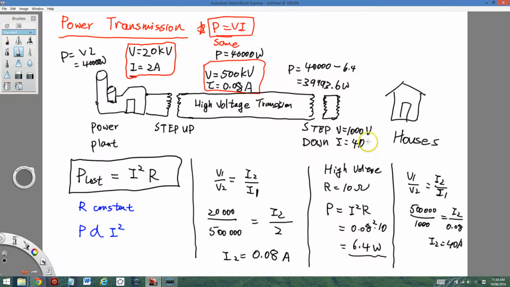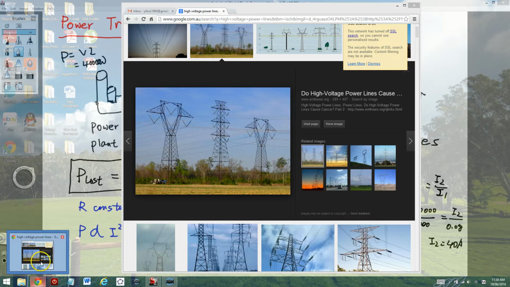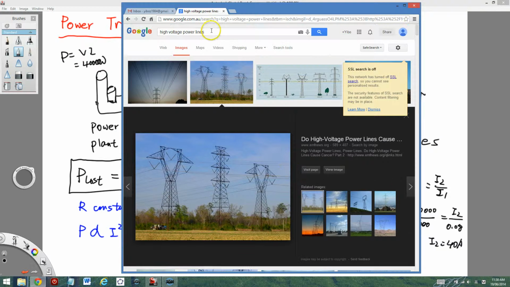So the value is not accurate. Well, the value is accurate in math in this scenario, but it's not the same as reality. So what's happening is you have 1,000 volts, which is the voltage carried on the power lines outside your house. Okay. So I just show you a picture.